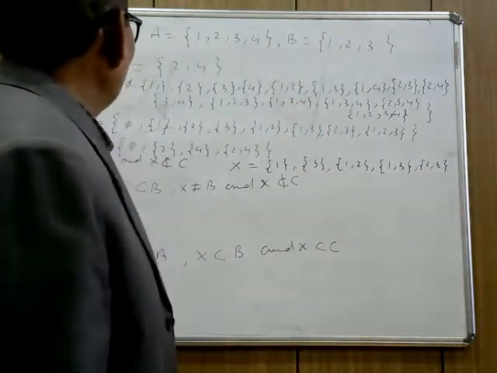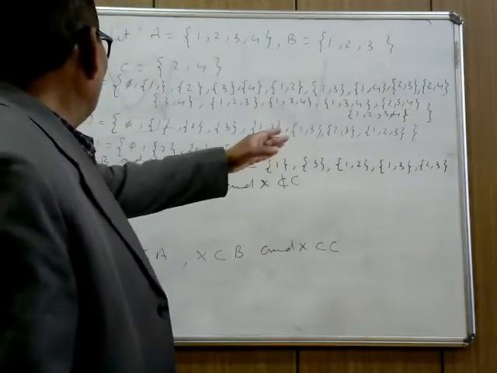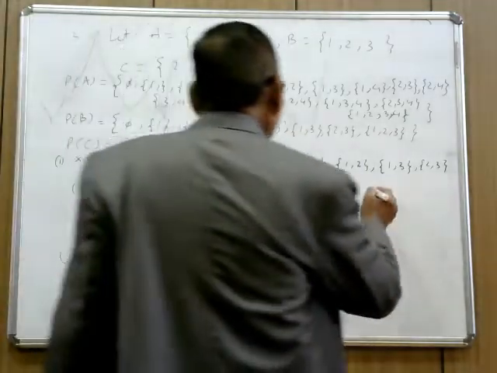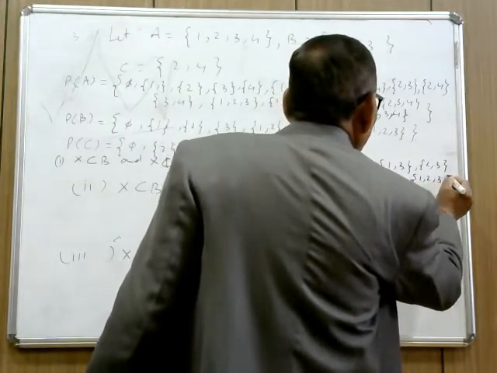Now, what about 1, 2, 3? It is a subset of B, but not a subset of C.